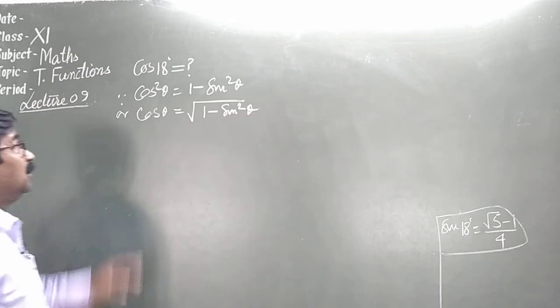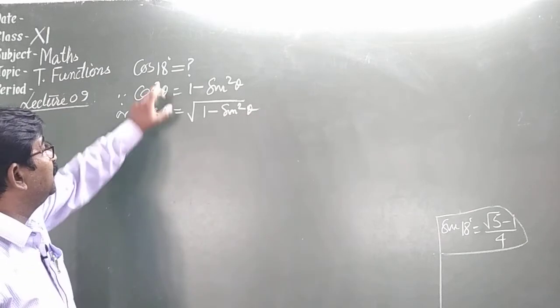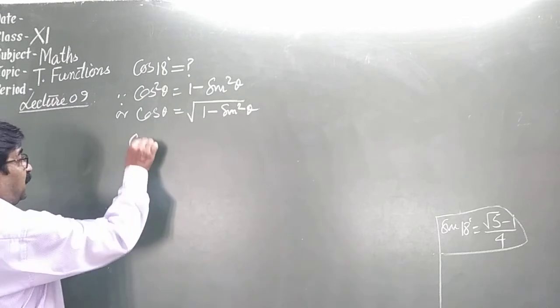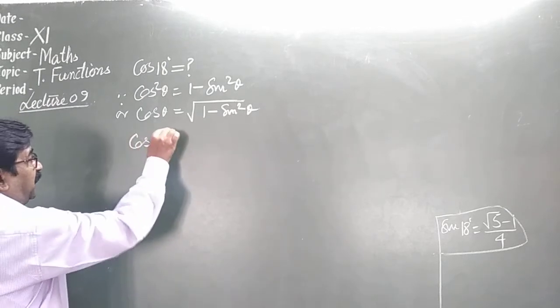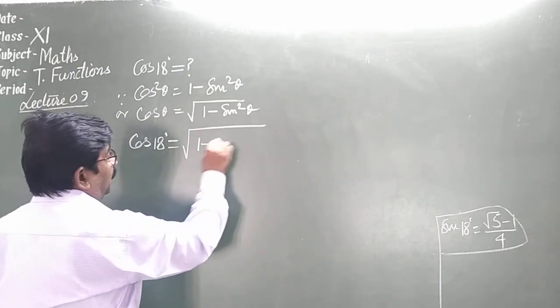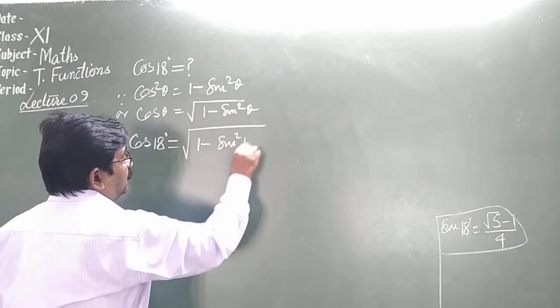So in place of theta we need 18 degree. So we can write cos 18 degree is equal to under root 1 minus sin square 18 degree.